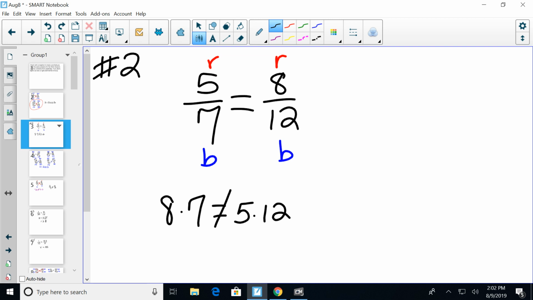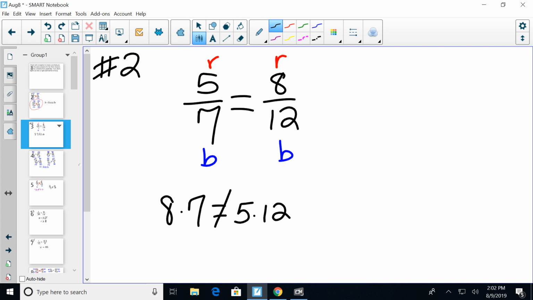What else could you have done in this problem to determine if she was right? You can divide. Were you saying that? What were you saying? Okay, look at it that way.